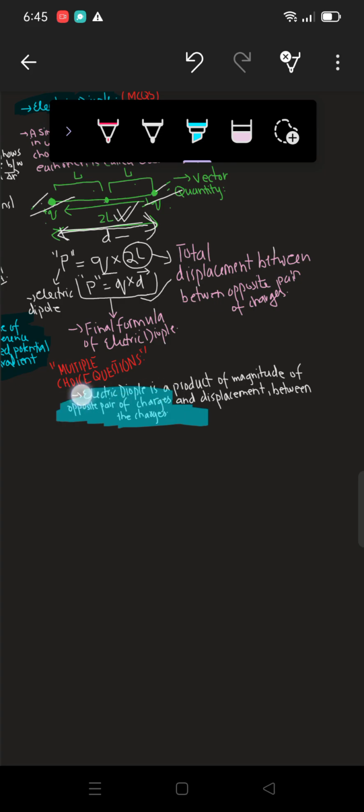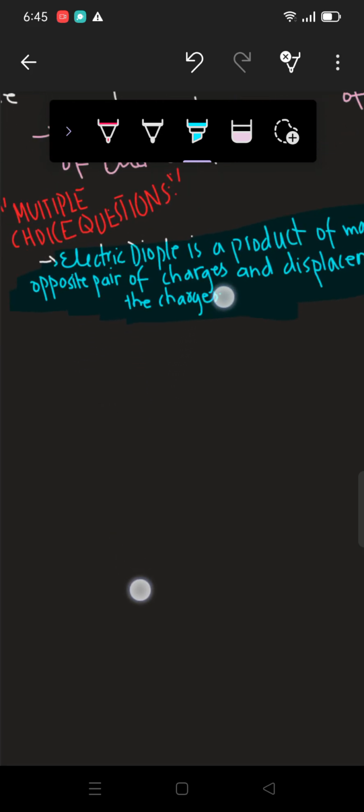It is basically a product of the magnitude of the opposite pair of charges, which means Q plus and Q negative, and the displacement or the distance they are placed at from each other. Let me write this in mathematical form.